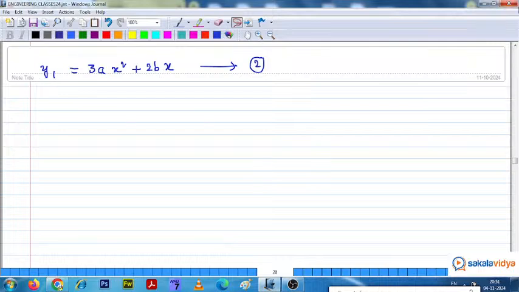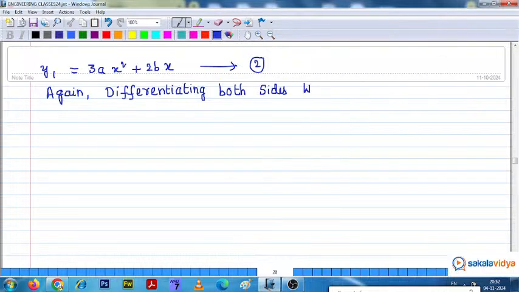Differentiating again both sides with respect to x.